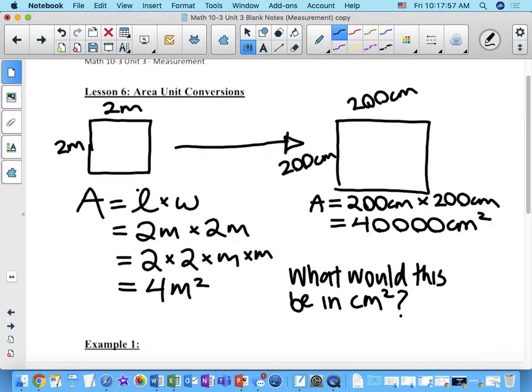So we cannot use the length conversion factors to convert area. What we actually have to do is convert each of the side lengths first and then calculate the new area. Does that make sense? Sort of?